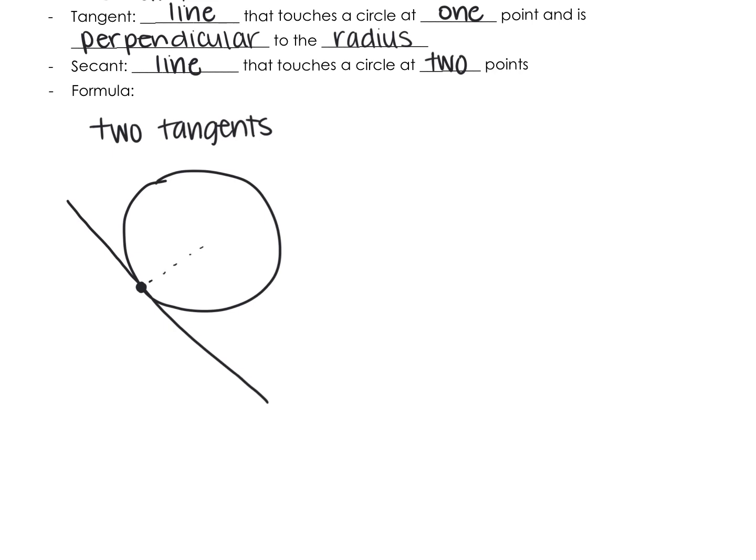So that means my radius goes directly here, and I have a 90-degree angle here. And if I have a second one, again, it meets the circle, I draw my radius, it meets at a 90-degree angle. So I have my angle A, and then the angle that's formed is this angle theta.